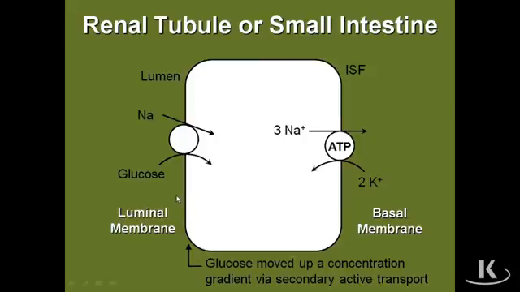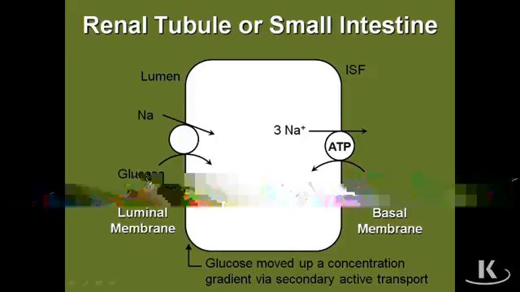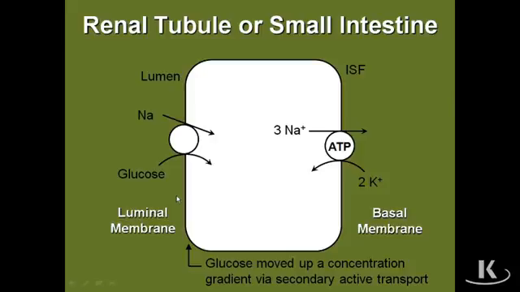Now, as I just said, all secondary active transport is powered by the sodium-potassium pump. And it turns out in this situation, the pump is located on the basal membrane. The job of this pump is to actively extrude as much sodium as it can from the cell.